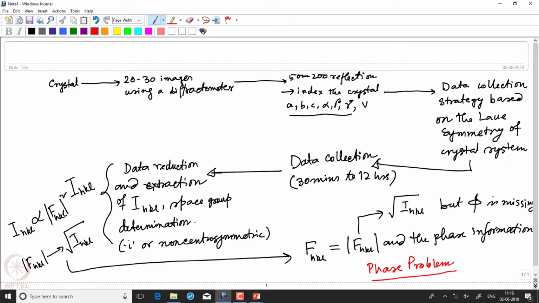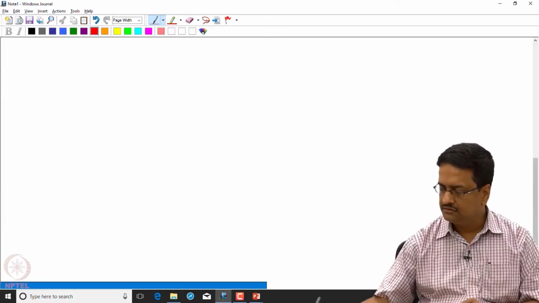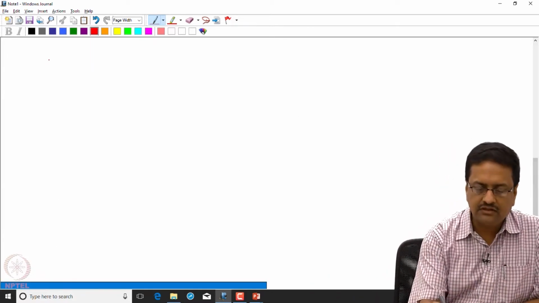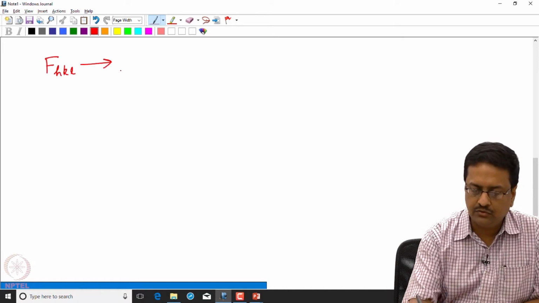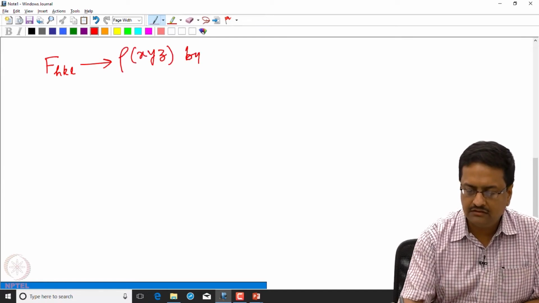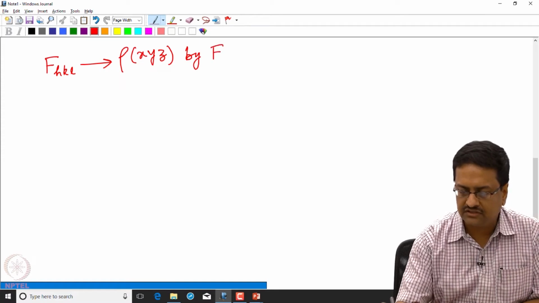So what we need is, we need to determine these phases for each and every reflection to be able to correlate the structure factor with the electron density. So we know that F(hkl) is related to rho(xyz) by a Fourier transformation.